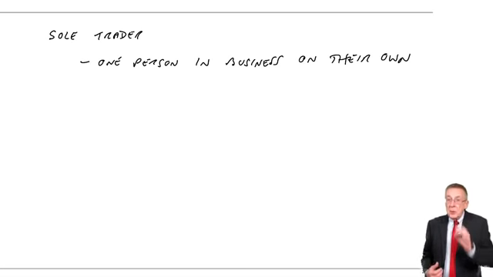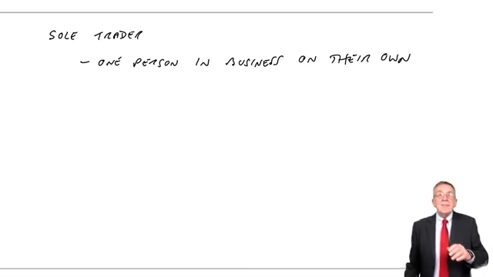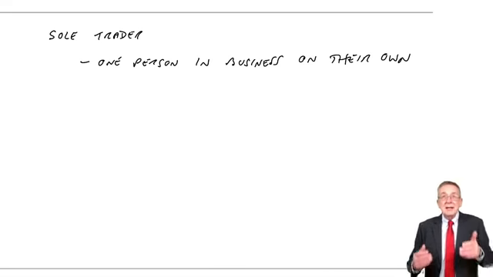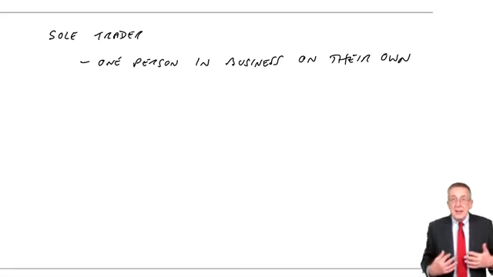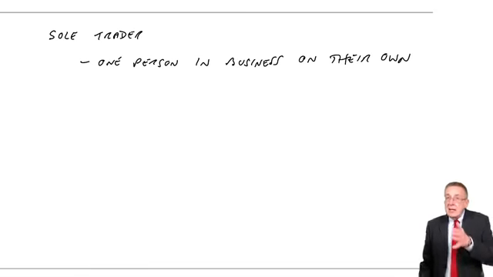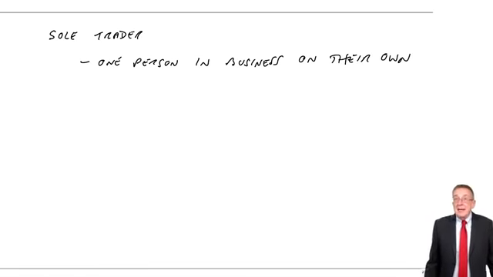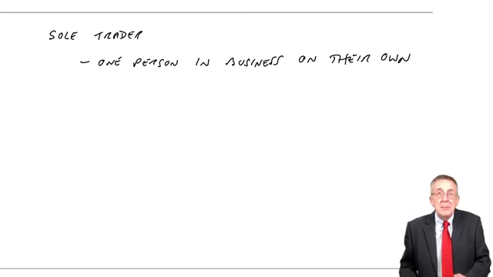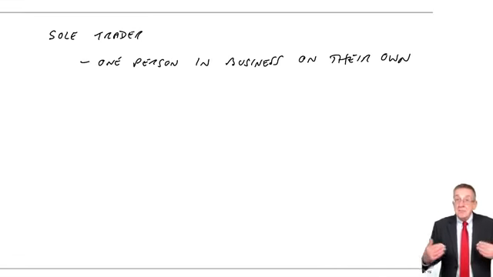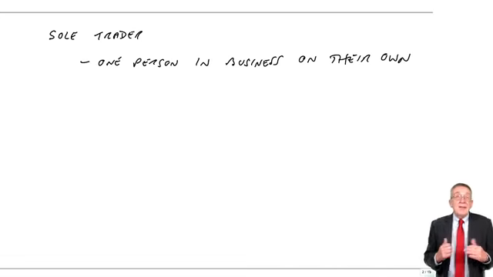But what's important about a sole trader is, as far as the law is concerned, I am the business. And if the business collapses owing money, and there's not enough money in the business to pay the bills, it's me who's got to pay the bills.